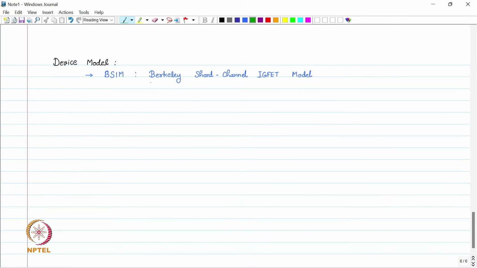So here, this is B, this is S, this is I, and this is M. This is the Berkeley Short channel IGFET Model, which is nothing but the set of parameters which we use to mimic the device using equations.